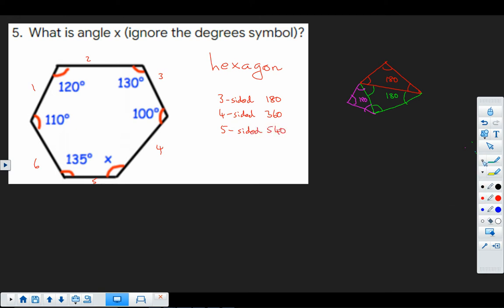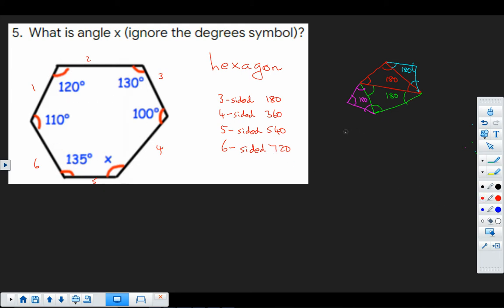And it won't surprise you that by keeping on adding triangles, I add one more side to my shape and 180 degrees to my interior angles. So there we have that the internal angles on my hexagon must add up to 720.